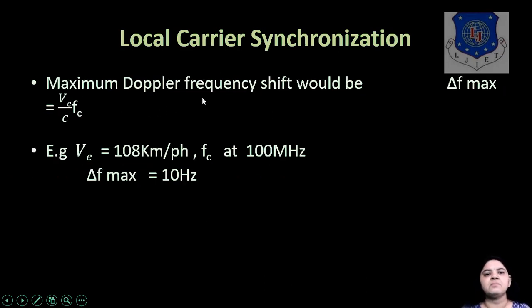The maximum Doppler shift is delta f maximum equal to v upon c into fc. For example, v equal to 108 km per hour and fc at 100 megahertz. By putting in these values, the answer for delta f maximum is 10 hertz.